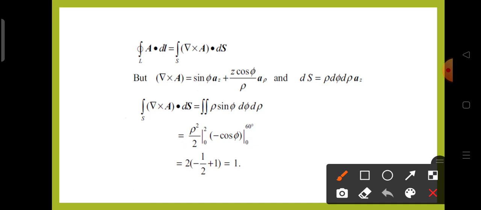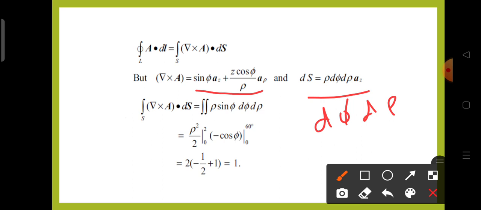Here the line integral of A dot dl is equal to the surface integral of del cross A, that is curl of A dot dS. The curl of A obtained from the previous step is sin phi a z, z cos phi, this is the curl of A. Already we know that dS will be in the d phi and d rho direction, because z is equal to 0.